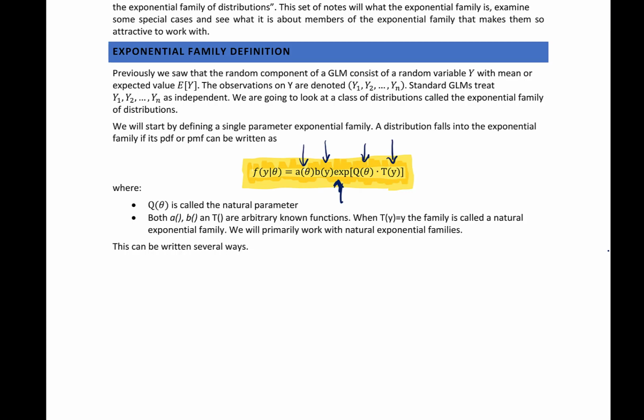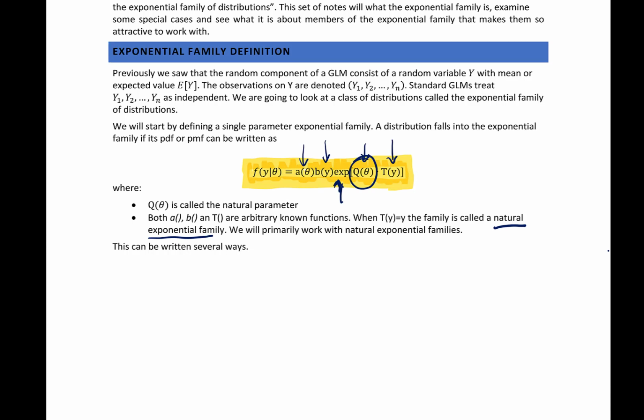If we can get our PDF into this format, then q of theta is what we call the natural parameter. The other three functions are just arbitrary functions. They'll change from distribution to distribution, and they're not all that important. Now, when t of y is equal to y, we have what's called a natural exponential family, and we're going to primarily work with natural exponential families.